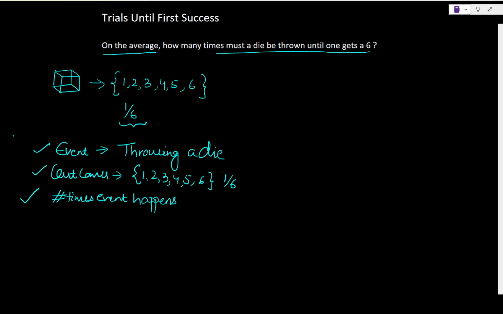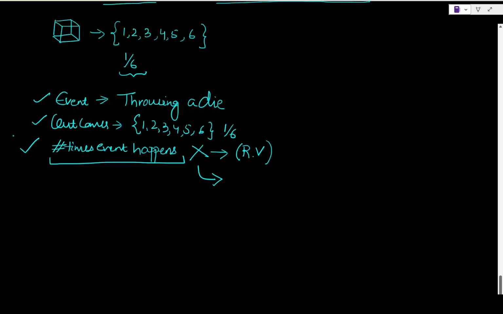So if I want to compute on average how many times this thing happens, how many times the event of throwing a die happens, then my random variable will take that particular value. That is, my random variable x will denote how many times do I need to throw a die. So, how I can define my random variable x? So here, the random variable x will denote the same thing, number of times I need to throw a die to get a 6.